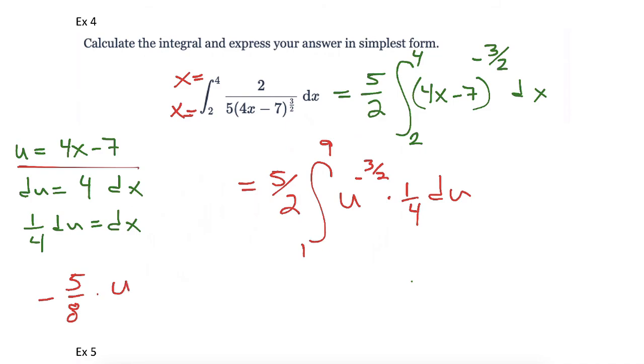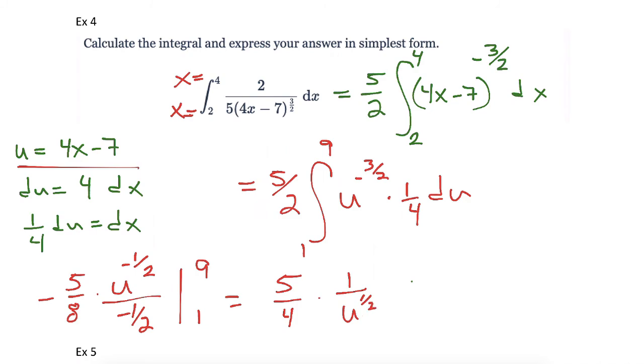This would be u to the negative 1/2, because negative 3/2 plus 1 is negative 1/2, divided by negative 1/2, evaluated from 1 to 9. So let me keep going with this. Deal with these constants. Notice I have two negatives there. This is going to be 5/4 times 1 over u to the 1/2 evaluated from 1 to 9.